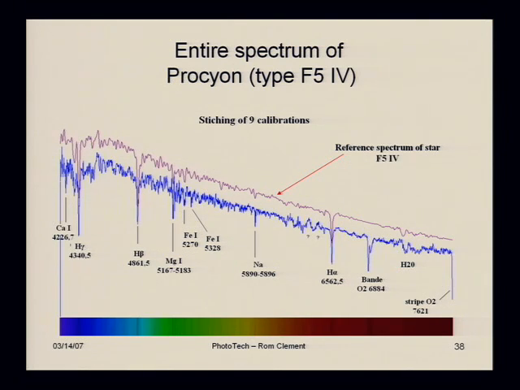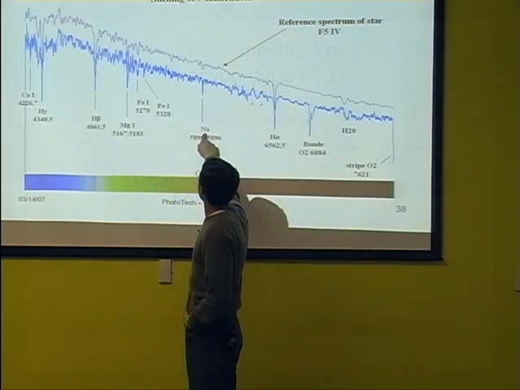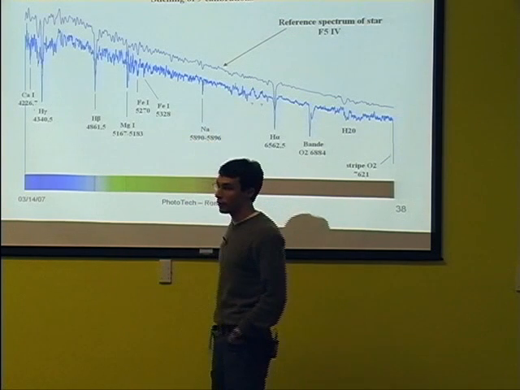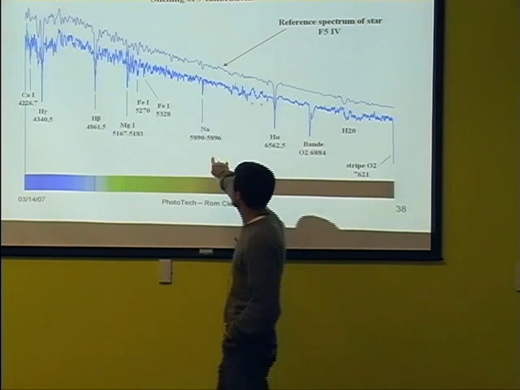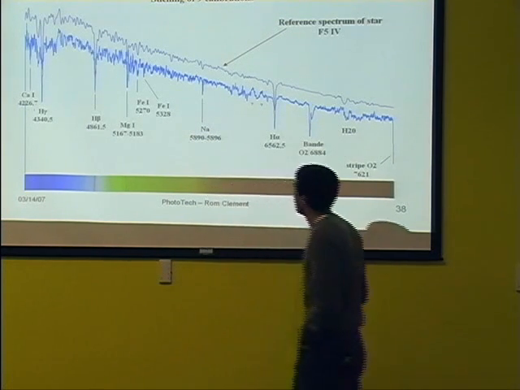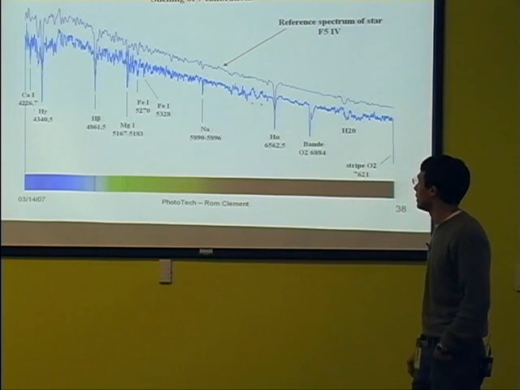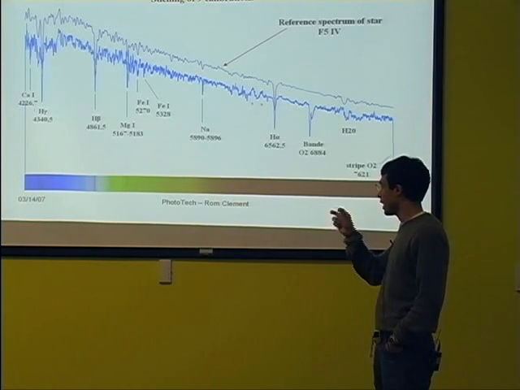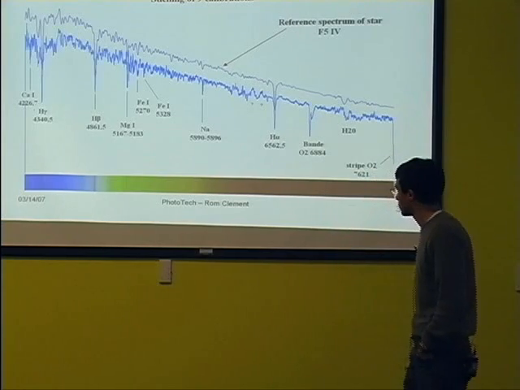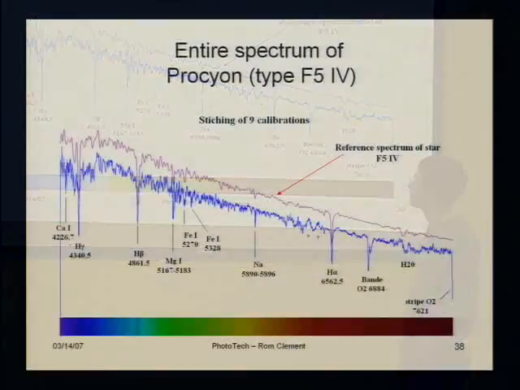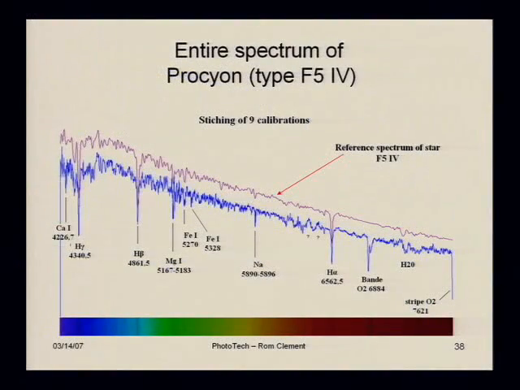I was barely able to tell that there were 2 peaks in the sodium. These 2 peaks in the sodium are very, very common: sodium has 2 peaks at 589 and 596, so 6 angstroms of difference between these 2 peaks.